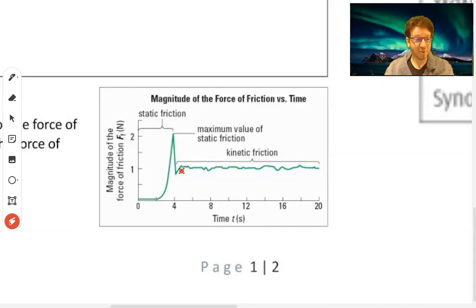The surface might not be perfectly smooth, right? But it seems like it is a pretty constant value, which is what we're going to go with in grade 11 physics. So we have some maximum static friction that we have to overcome to get an object to start moving. And then once it's moving, no matter how hard we push it, there's a constant kinetic friction opposing us.